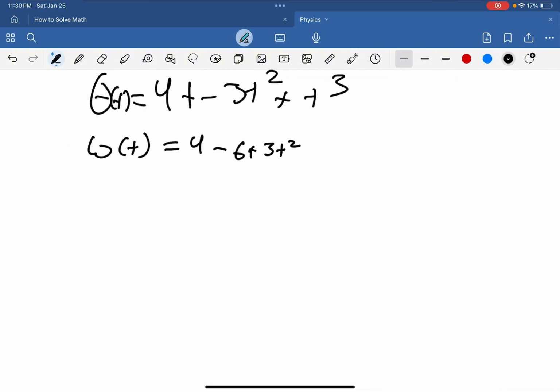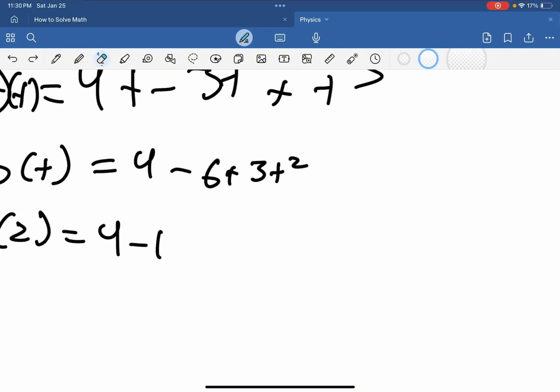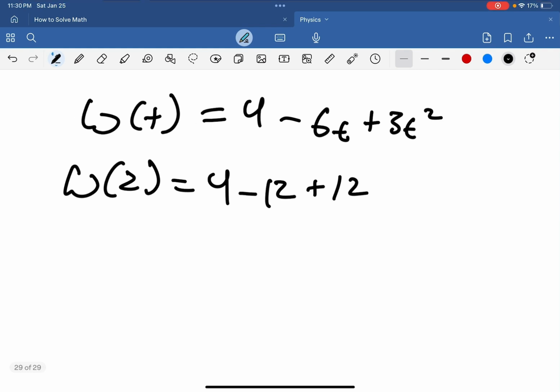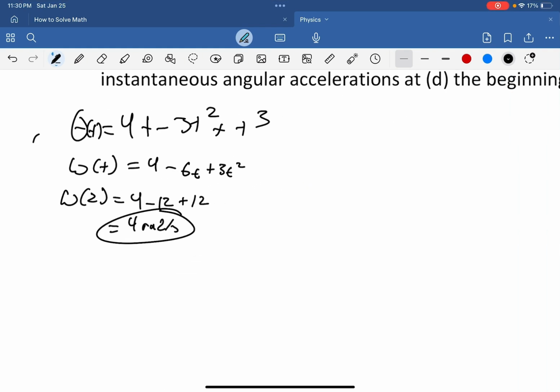At t equals 2 seconds, omega is 4 minus 12 plus 3 times 2 squared, 12. This is just going to be equal to 4 radians per second. Boom, and this is part A.